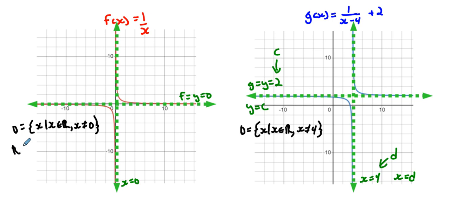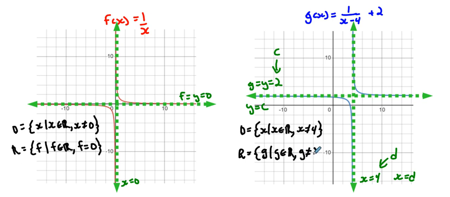Let's look at the range. The range here is the set of f values such that f is an element of the real numbers where f cannot equal 0. So there is no way for this fraction to equal 0. It can approach it but never get there. In this other case, when we look at the range now in our transformed function, we now have g such that g is an element of the real numbers, where g cannot equal 2, which of course is the equation of our asymptote, but that's also our c value.